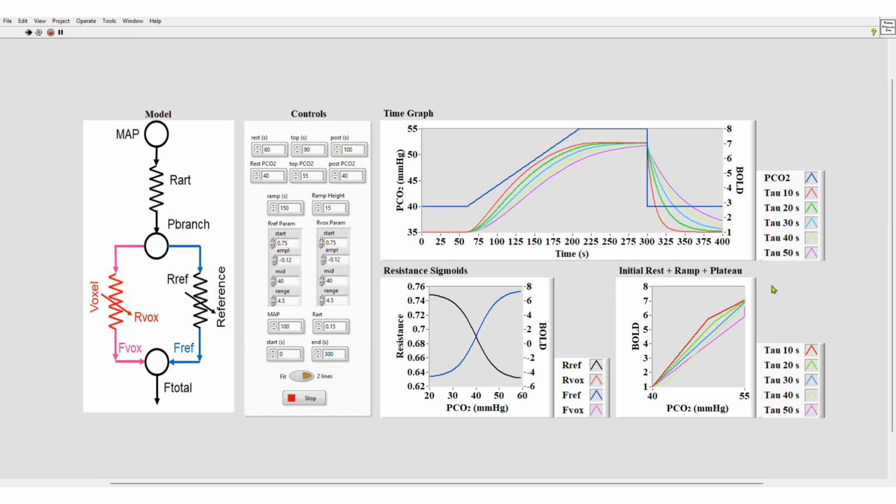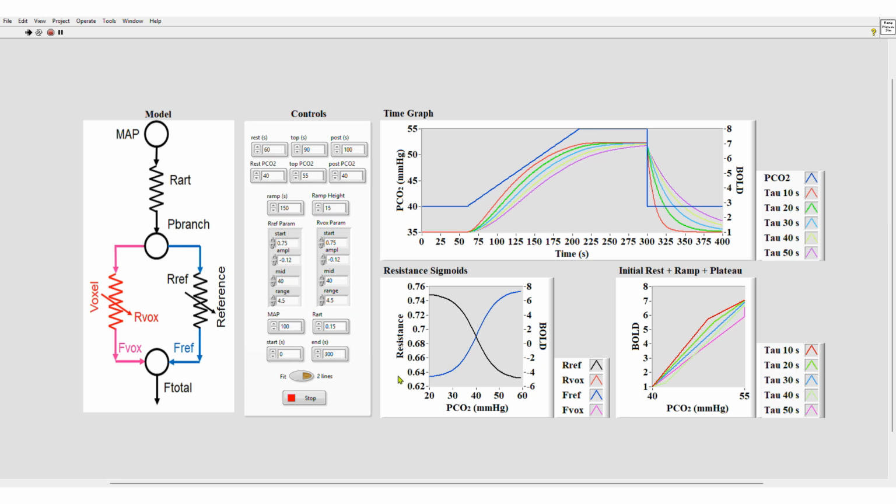Here is the simulation of the resistance model as executed by a computer program. The resistance model itself is shown in this panel. There is a control panel here to set the PCO2 stimulus, the resistance sigmoid parameters, and the voxel, and other aspects of the model, as well as the CVR calculation.